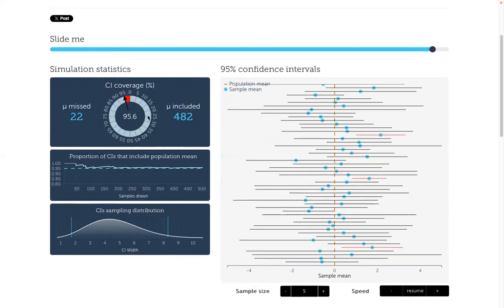He made like 504 simulations. How many times do you think he missed it? The confidence interval didn't contain the real mean.